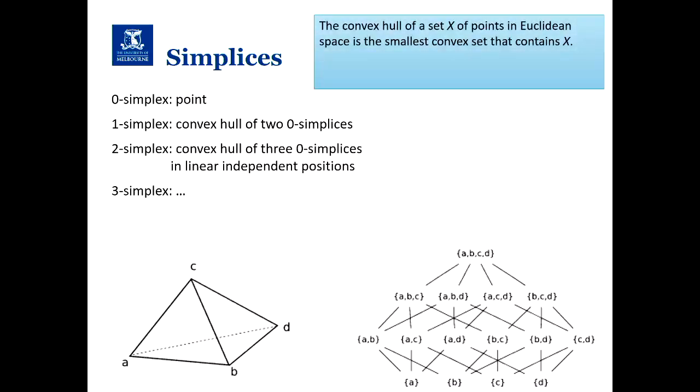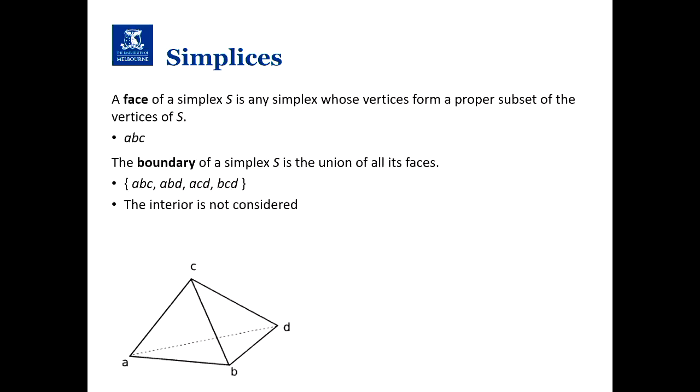So the convex hull is a set of a number of points in Euclidean plane. And it contains a set of x number of simplices. Then we can talk about face and a boundary of these simplices.